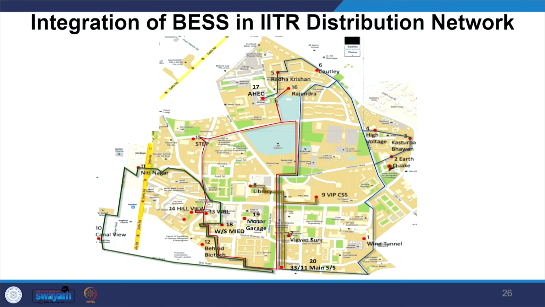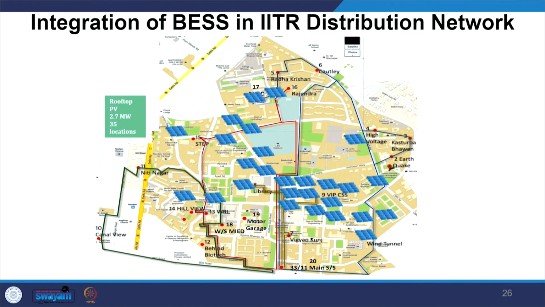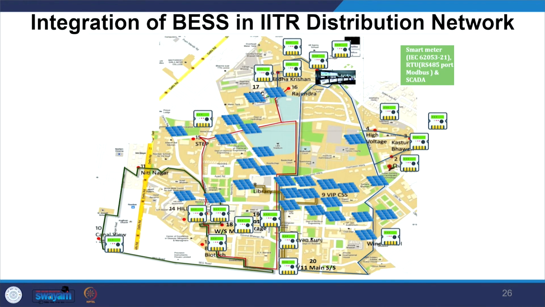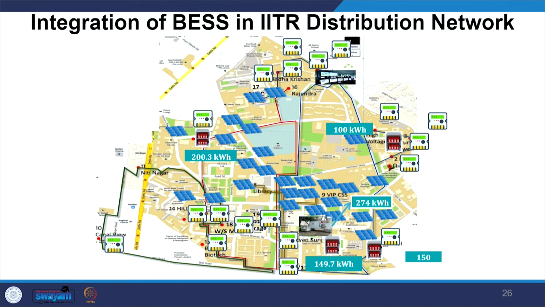This is our map of IIT Roorkee, and you could see these are the areas where the solar technology or rooftop PV is available. And these are the smart meters available, and these are different battery technologies proposed to be integrated in the distribution system of IIT Roorkee.